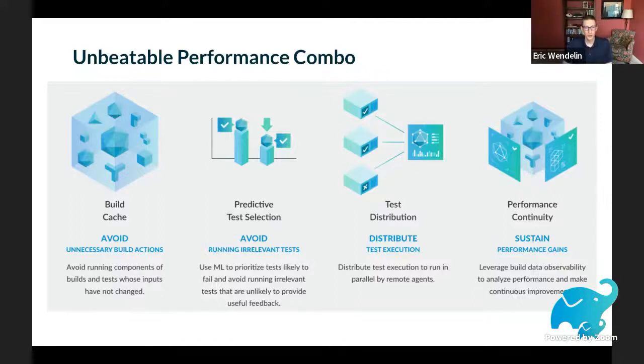Predictive test selection also works with test distribution. So tests selected for execution then get distributed. And if you combine those two with slow test analytics, where you can identify and speed up your slowest tests, you basically have an unbeatable performance combination. And you can accelerate your test runs by 10 or 100 times, depending on your needs.